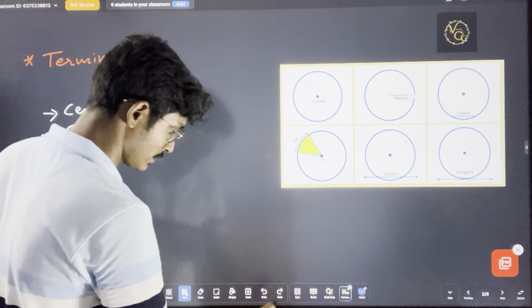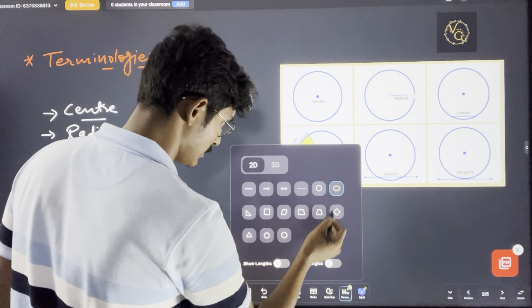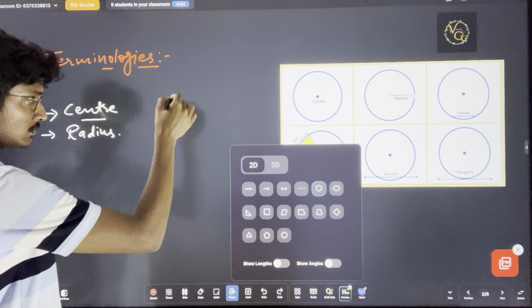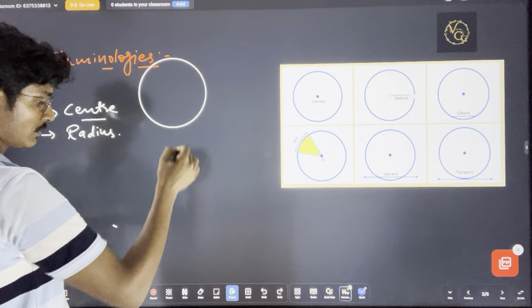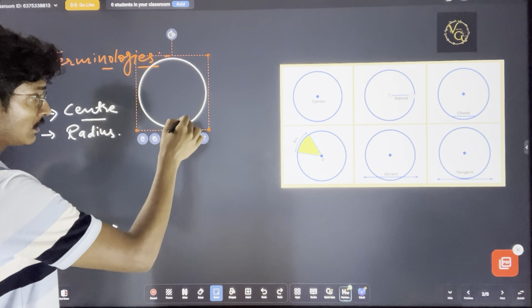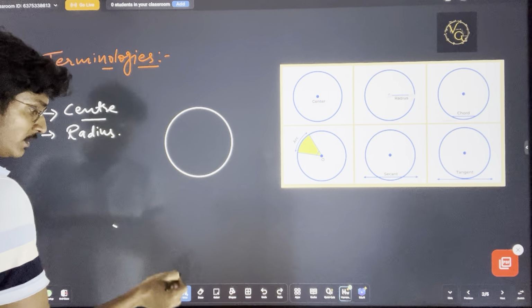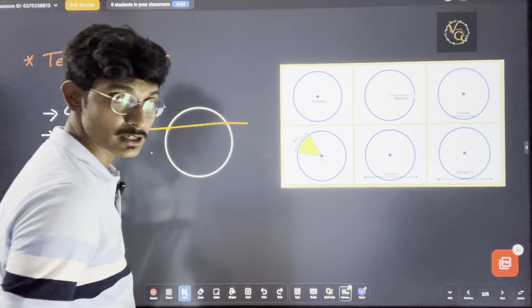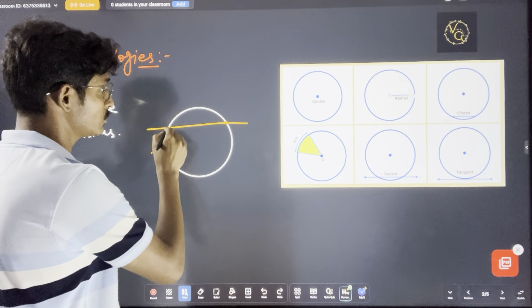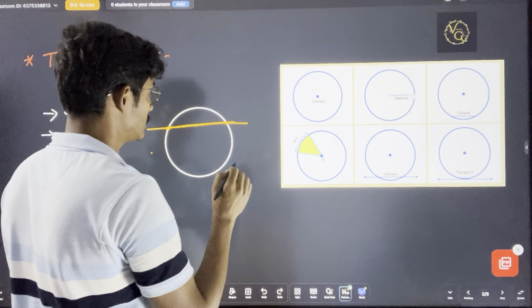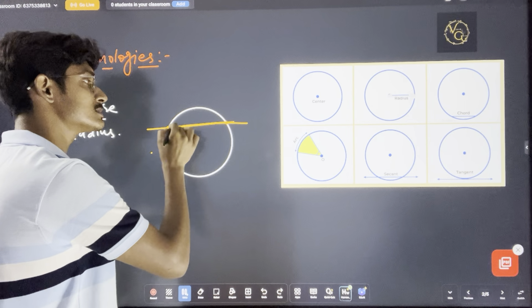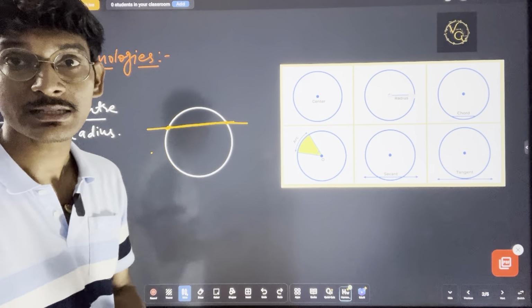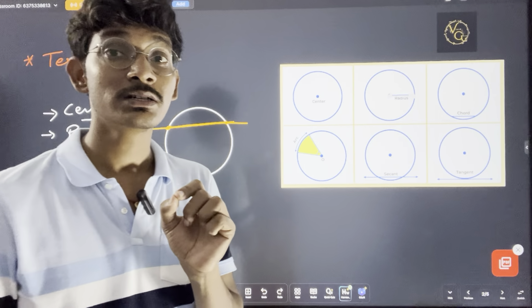If we take any circle, let's say I'm taking a circle. Okay, and if we take any line, okay, let's try to draw any line like this line. So this line from this point to this point, a line passing through the circle and intersecting at two distinct points is known as a chord.